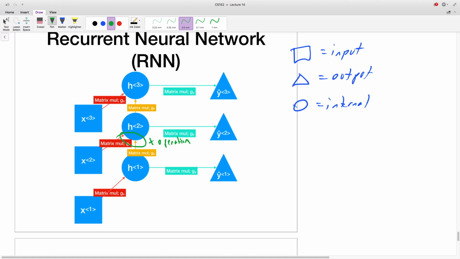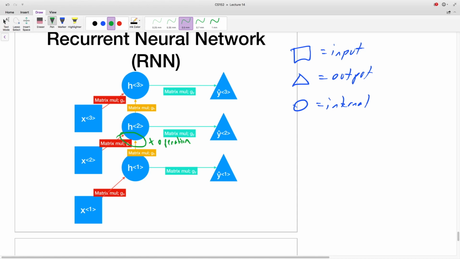We've got our H coming in that gets weighted and then an activation function, and we've got now our x2 that comes in. And then we spit out a y2 in the same way. And we just keep going until we've processed all of our input.